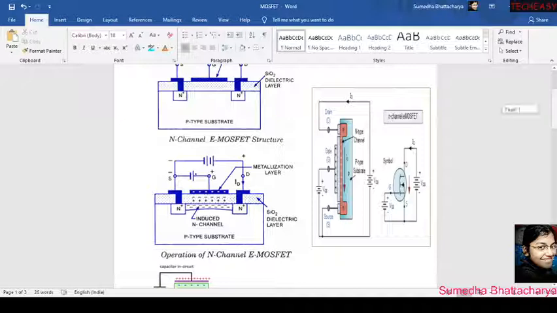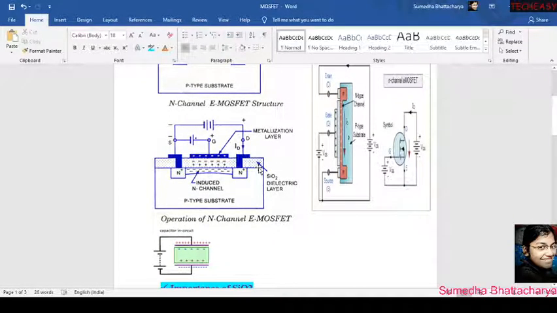How? In this case, when the value of VDS is higher and higher, the depletion region will grow more and more in this region. So one time will come when the current will not increase anymore with the increasing of voltage, and that voltage is called the saturation voltage, right?